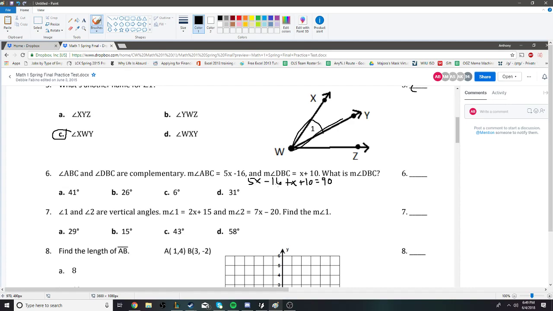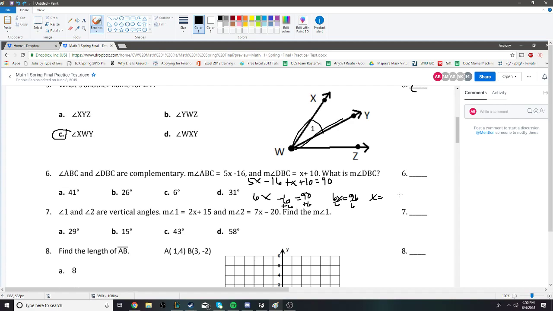Combine like terms, 5x plus x is 6x. Negative 16 plus 10 is negative 6 equals 90. Add 6 to both sides, and 6x equals 96. And divide both sides by 6 to get x equals 16.